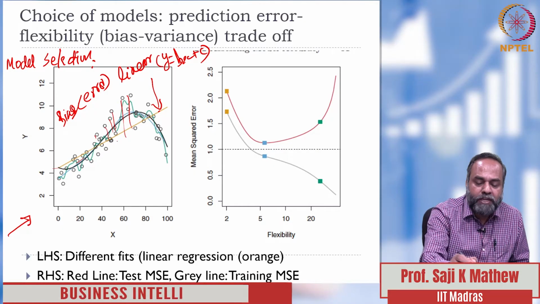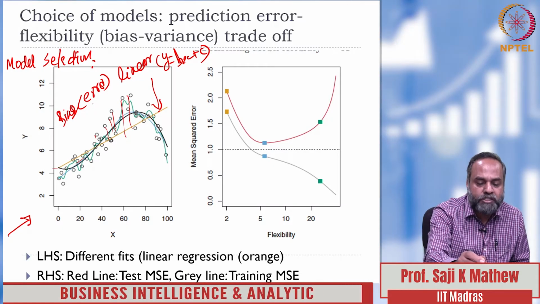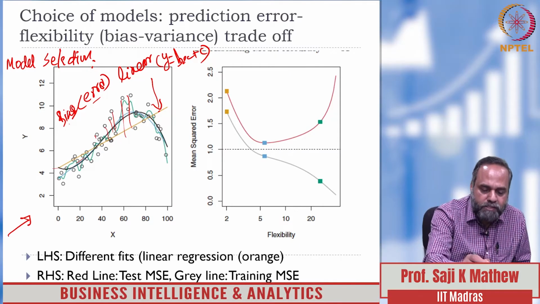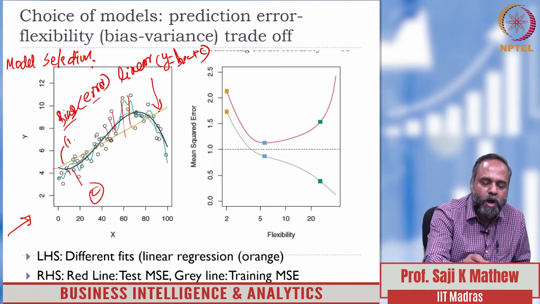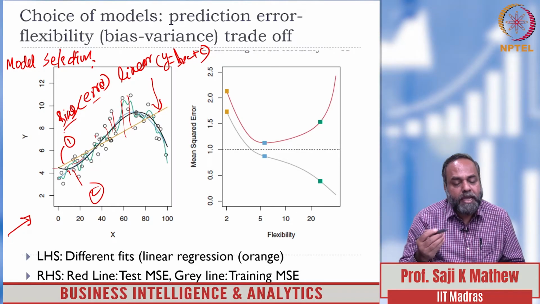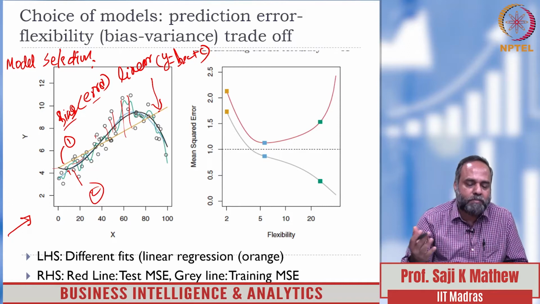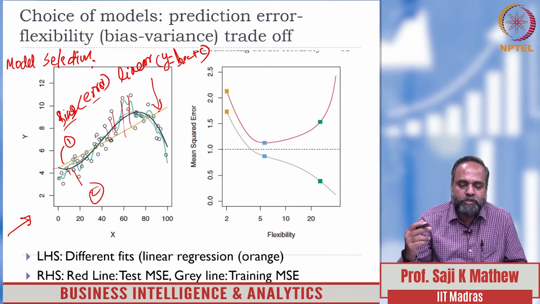If you calculate the RSS or the error or the bias of this second model, this is model 2, this is model 1, model 2's error obviously is much less because it passes through most of the data points. So therefore the bias is much less.